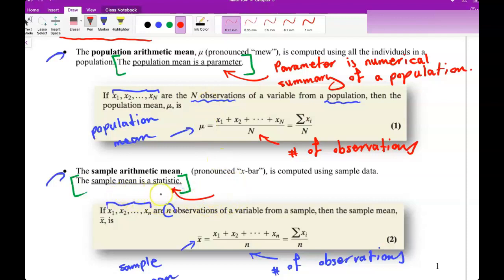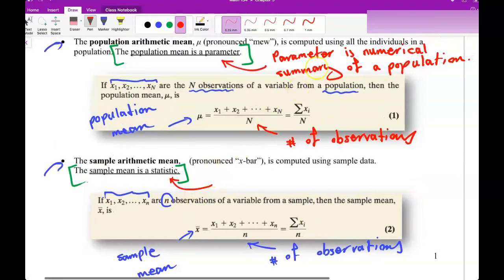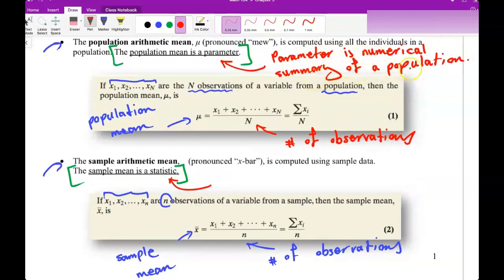Now the sample mean is a statistic. A parameter is a numerical summary of the population, while a statistic is a numerical summary of the sample.